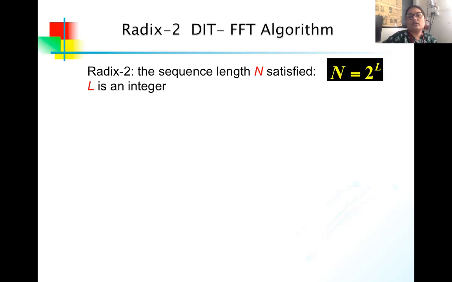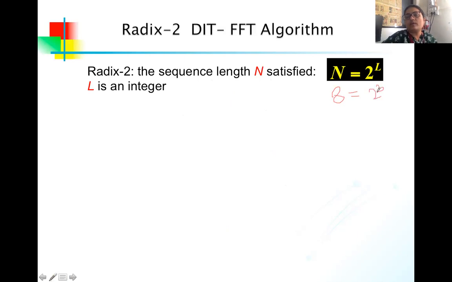So the radix 2 algorithm: the sequence of length N satisfies N equal to 2 raised to L. I have shown you for an 8-point sequence. How do we write it? The number of points is 8, which is equal to 2 raised to 3.